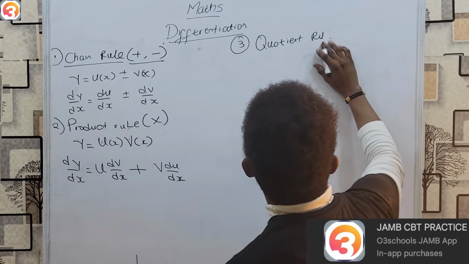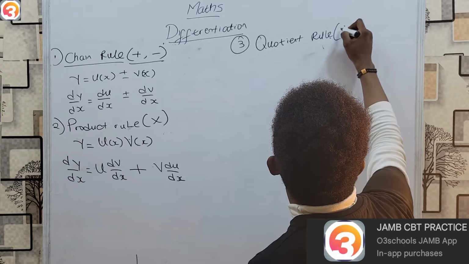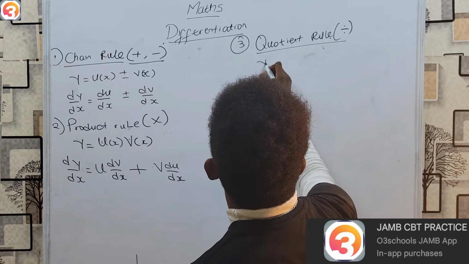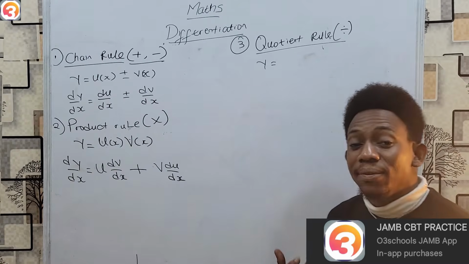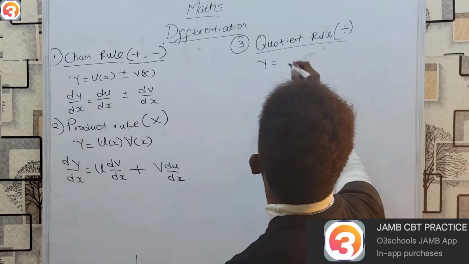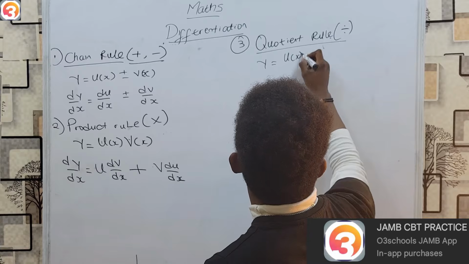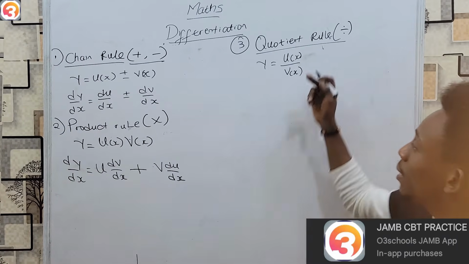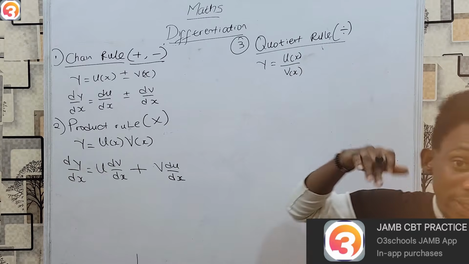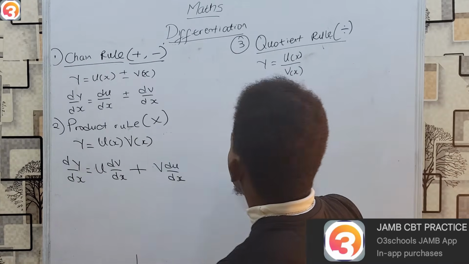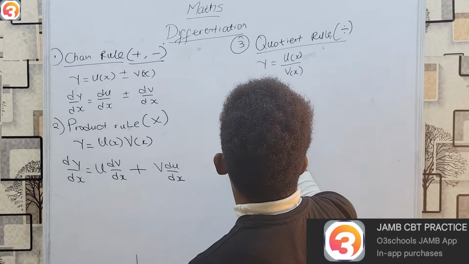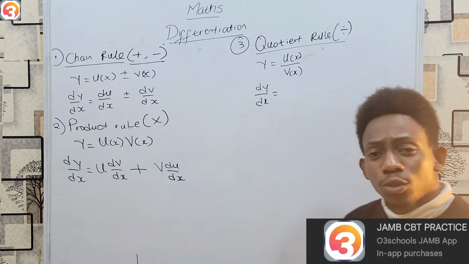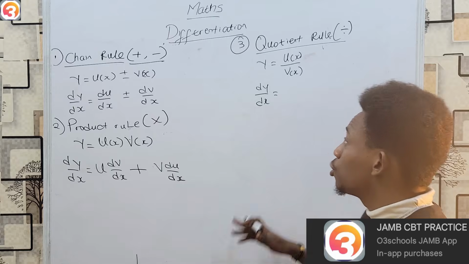Now, again, as you should know, the quotient rule works for division. If we have the variables dividing each other, u of x divided by v of x, I'm symbolizing that these are functions of x, so I will know where I find dy dx. That then means that in this case, dy dx is, now, question 2 is actually one of the trickiest ones, but just pay attention.